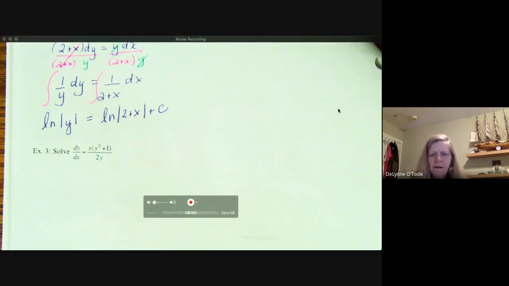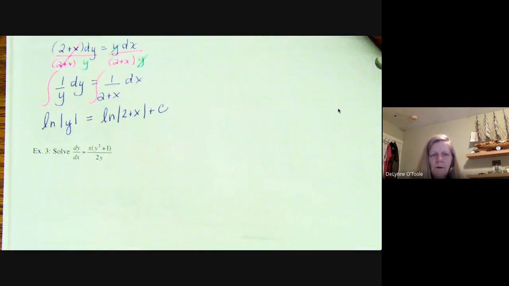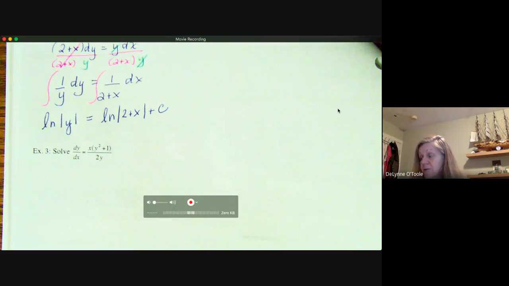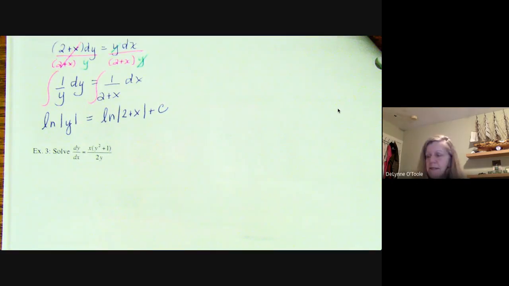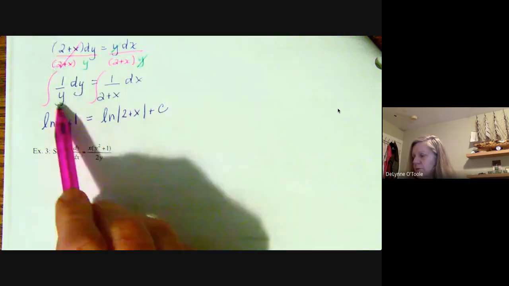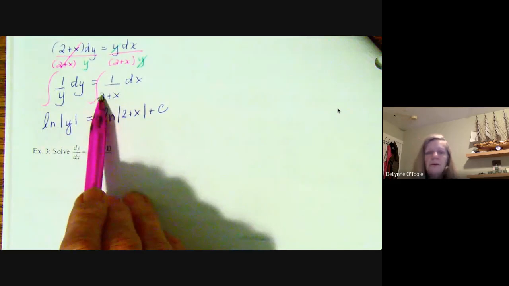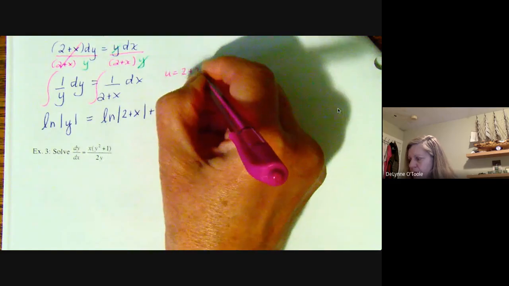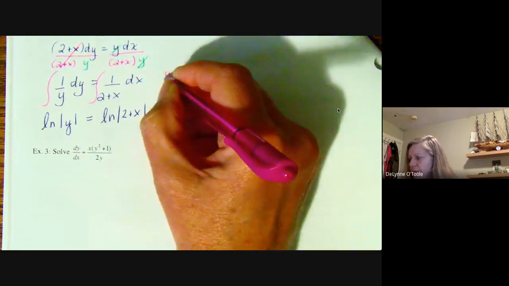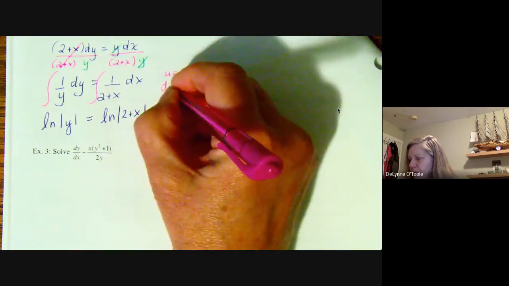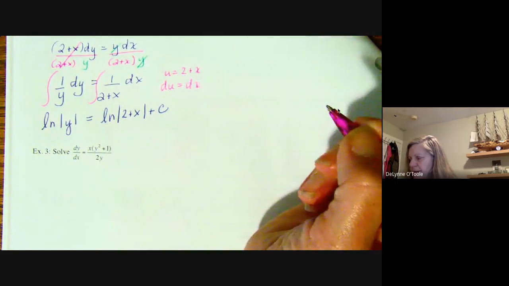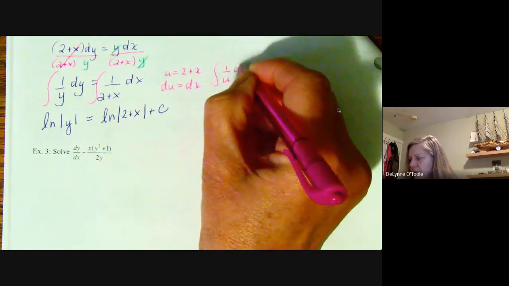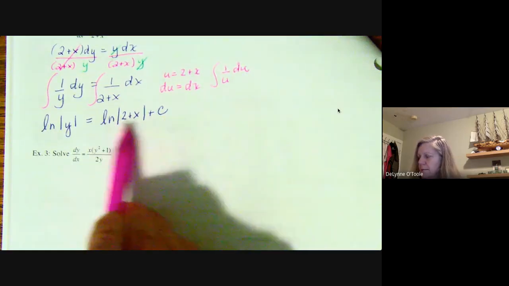All right, so that's how that integrates. 1 over y integrates into the natural log of the absolute value of y, and 1 over 2 plus x dx integrates into the natural log of the absolute value of 2 plus x plus c. Okay, I think this one for most people is pretty straightforward. This one, maybe you used u substitution on, you don't have to, but remember that when you're using u substitution on a fraction, it's often best to first let u be the denominator, and then du equals dx, and so this just becomes the integral of 1 over u du, which does integrate back to that.